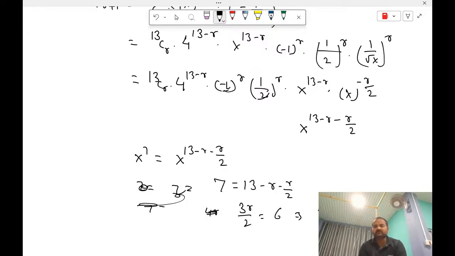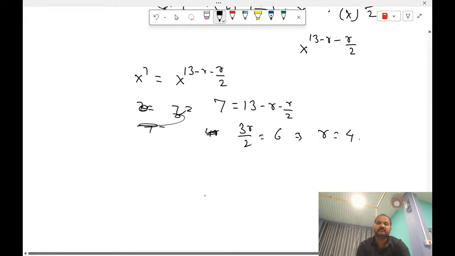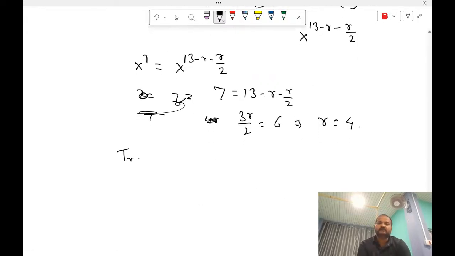And 13 minus 6. So we will find the T(r+1) term. That is the T5 term, which has the coefficient of x to the power 7.